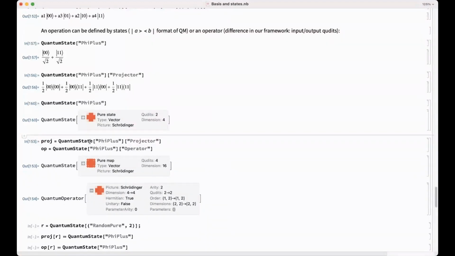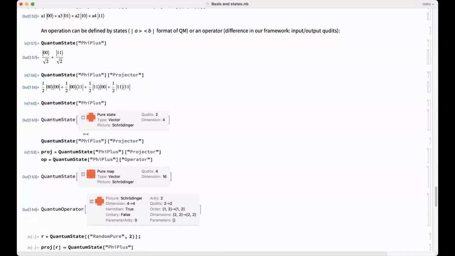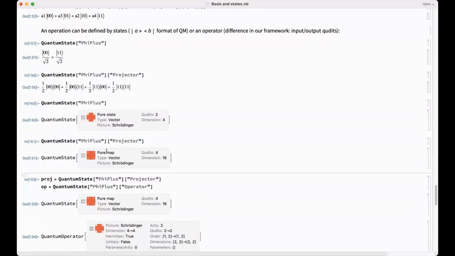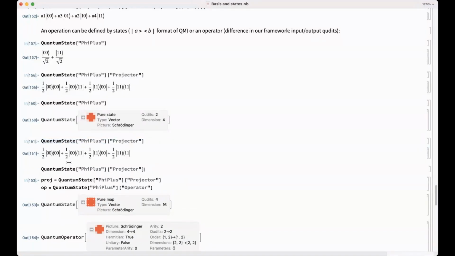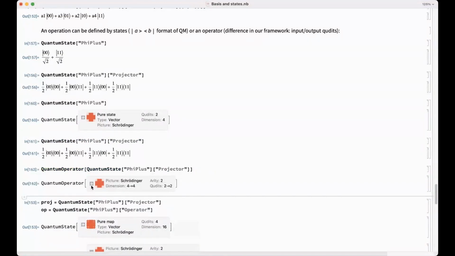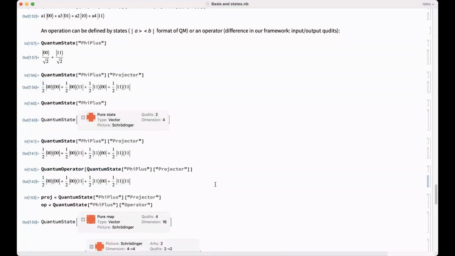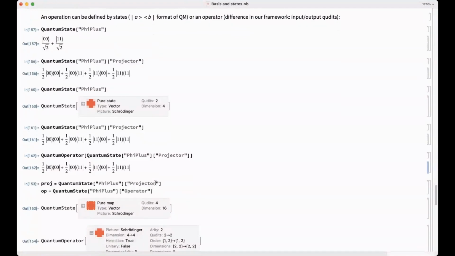And if you wrap around, well, basically, if you have an actual quantum state with bras in it, which is a pure map, if you just wrap it with a quantum operator, it automatically works. Now it's a more usual representation of this object, if you wish.